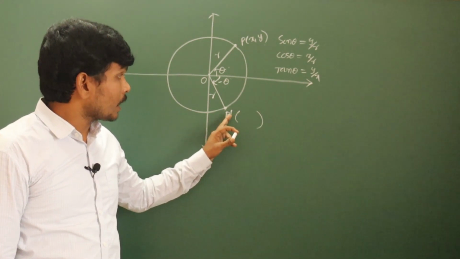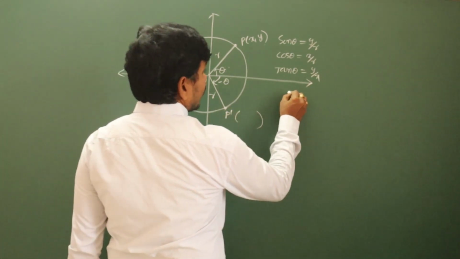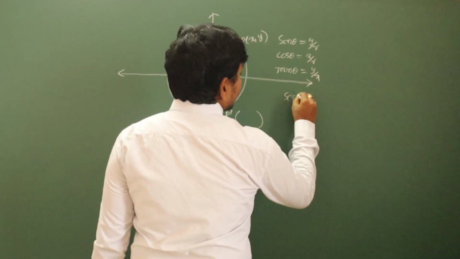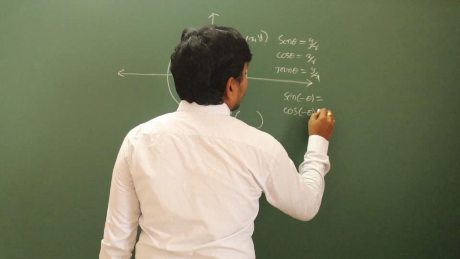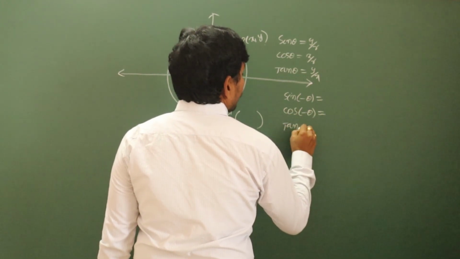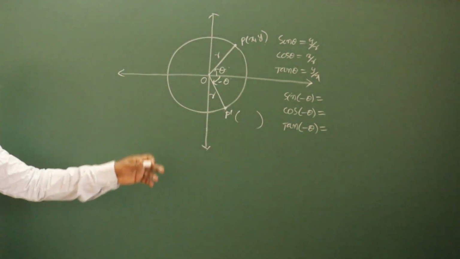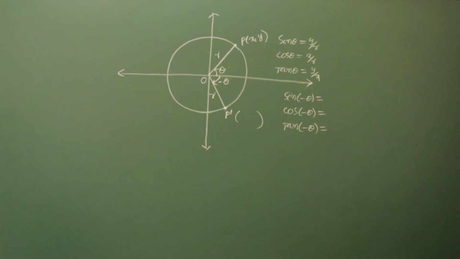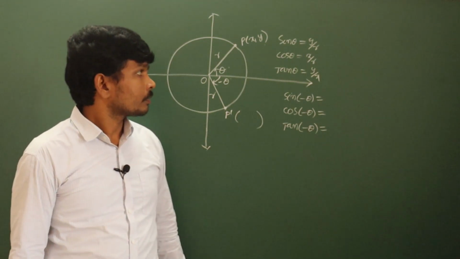If you find the coordinates of P dash, then definitely you get sin of minus theta, cos of minus theta, tan of minus theta values. So how to find it? Coordinates of P dash: x comma minus y. How?